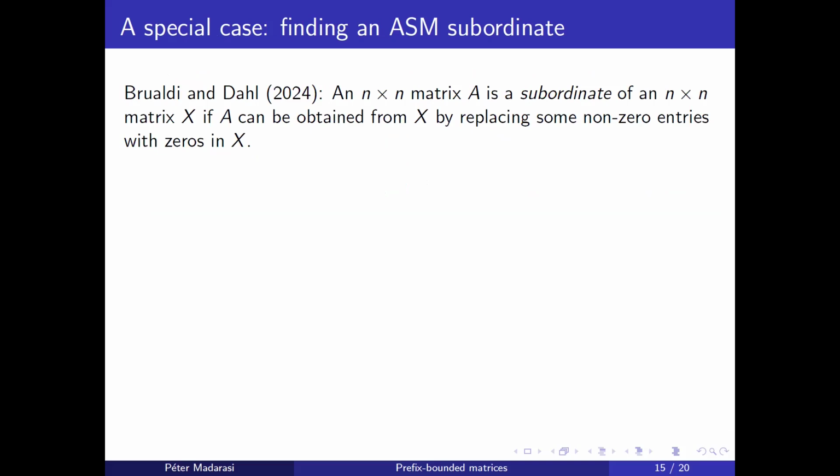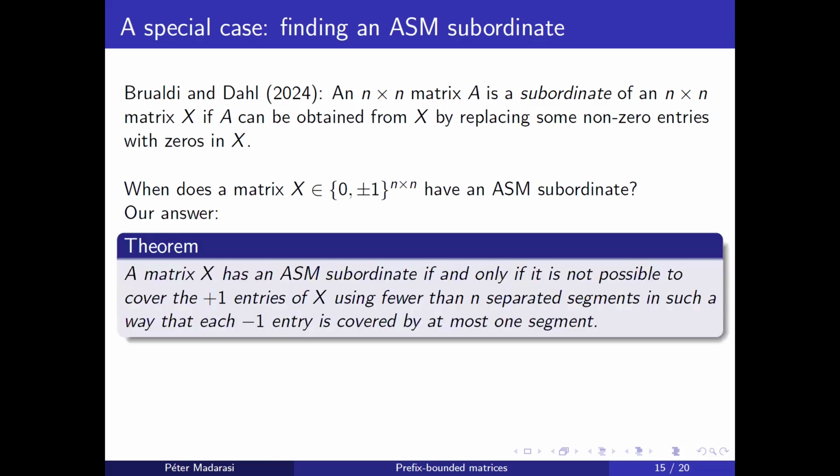throughout the entire talk, we call an n by n matrix A a subordinate of an n by n matrix X if our matrix A can be obtained from X by replacing some non-zero entries with zeros. And we ask this: when does a matrix X that has only 0, plus or minus 1 entries have an ASM subordinate?